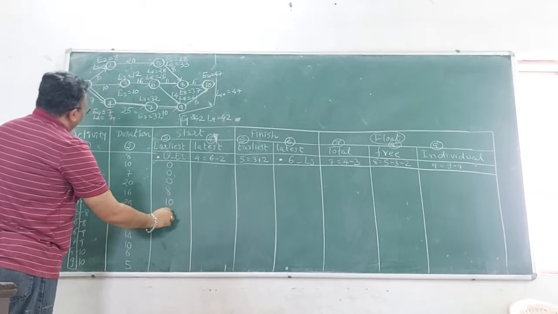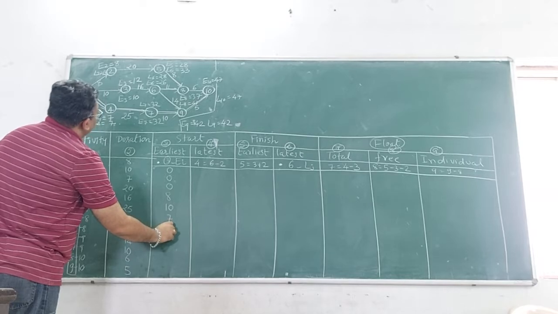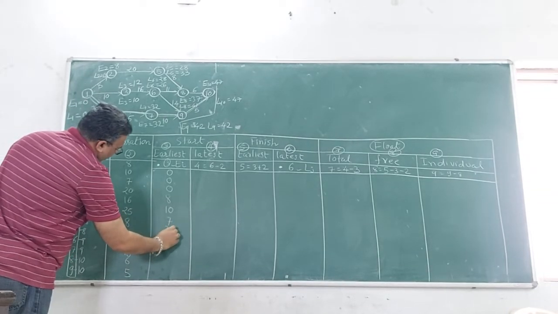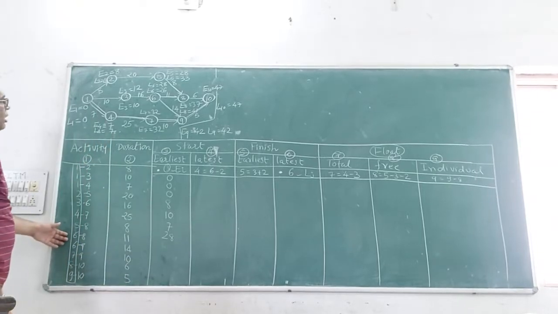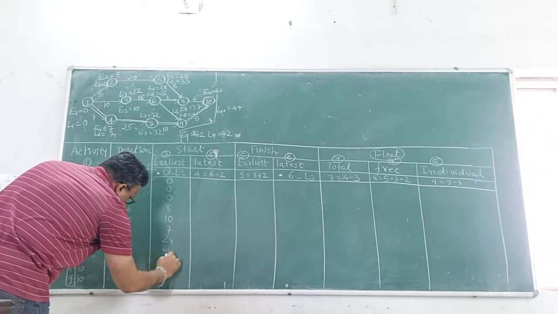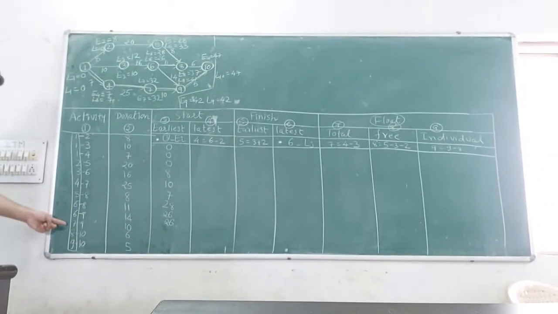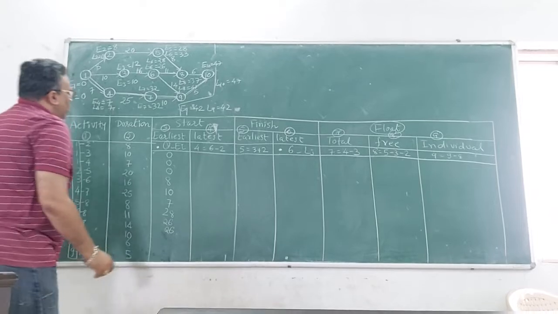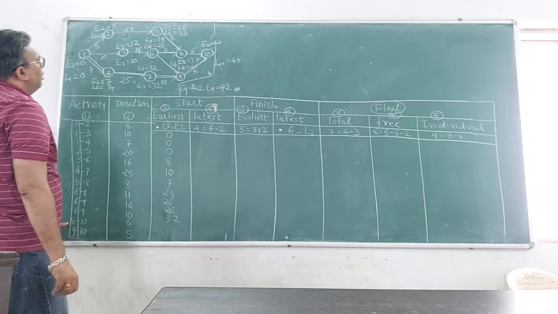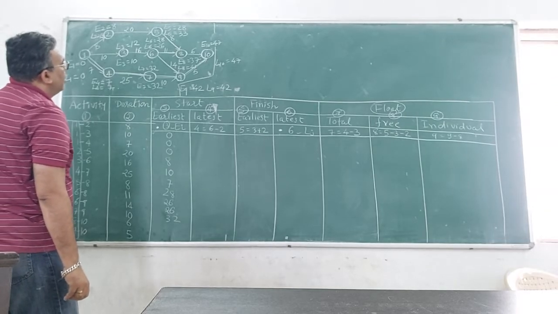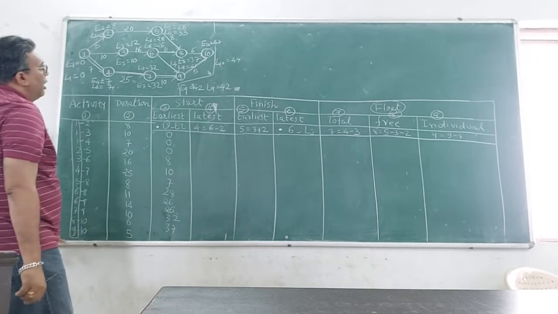Then 10. E4, 7. E5, 28. E6, 26 two times, because E6 is repeated 2 times. E7, 32. E8, 37. And the last, 42.